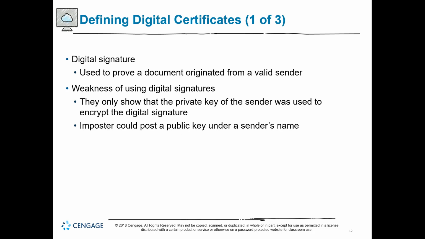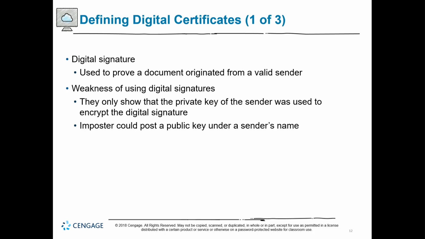A digital signature, slightly different than a digital certificate, is used to show that a document originates from a valid sender. For example, Adobe has the ability to have a sender sign the document, thus allowing someone receiving the document to verify that digital signature, ensuring that you trust the signature of the source.